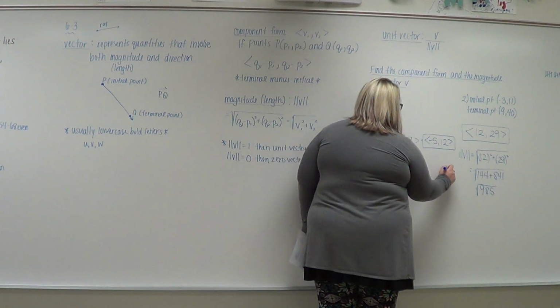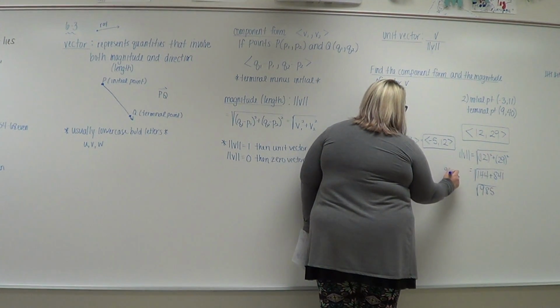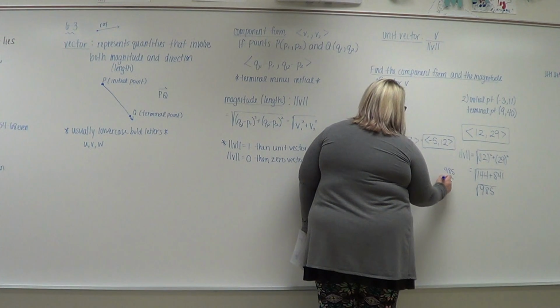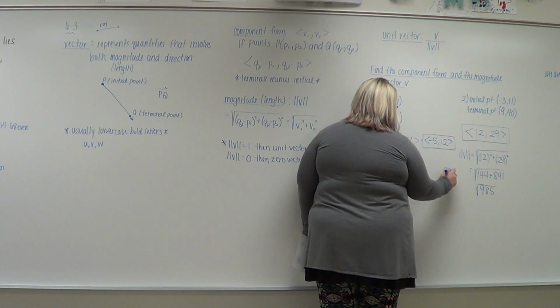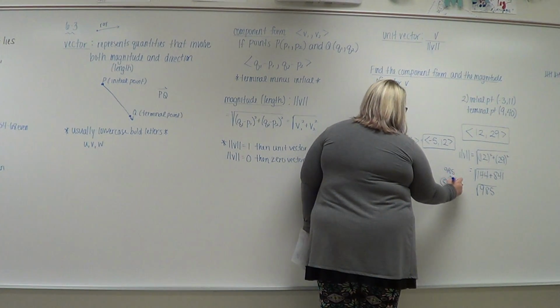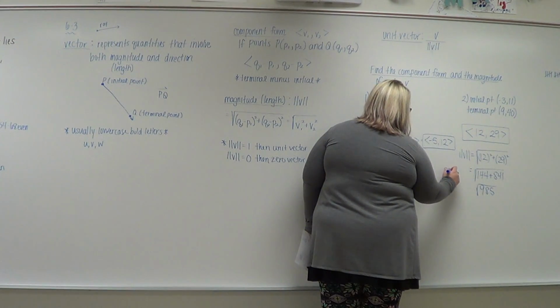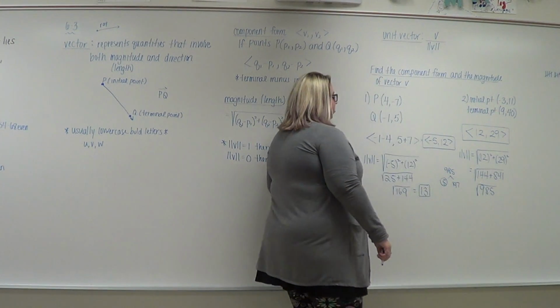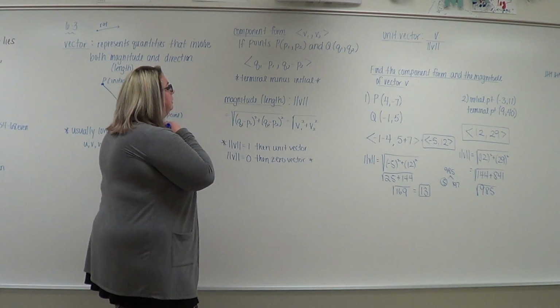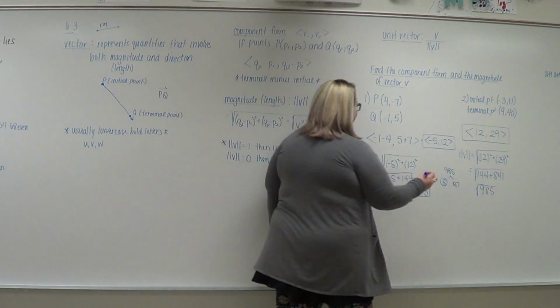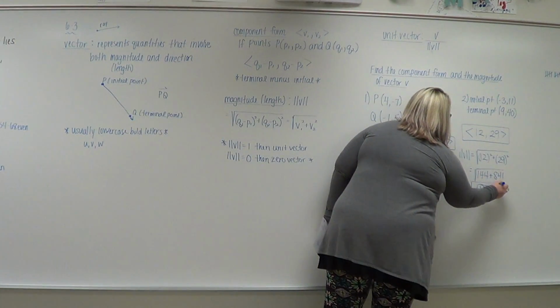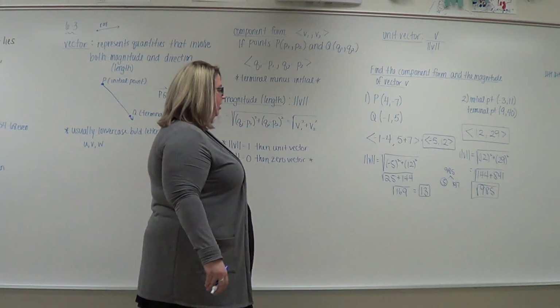Okay, so then I see, can I break down 985? You take 5. How many times does 5 go into that? 197. Okay, pretty sure 197 is prime. Looks like it. Since there's not two 5s, you'd be done.